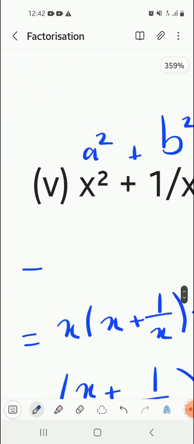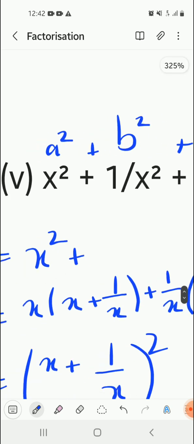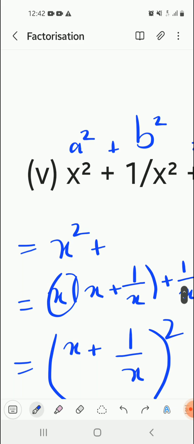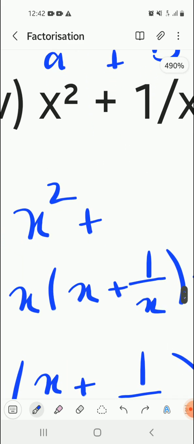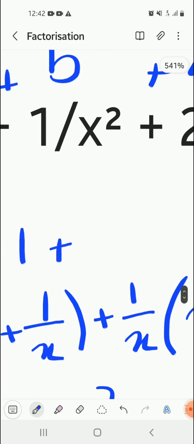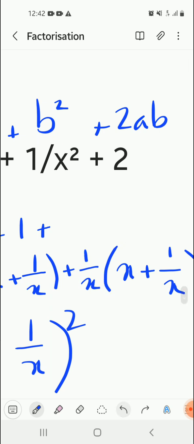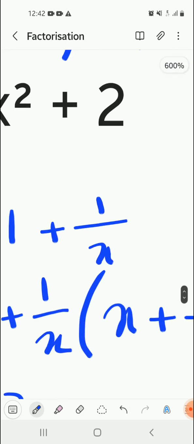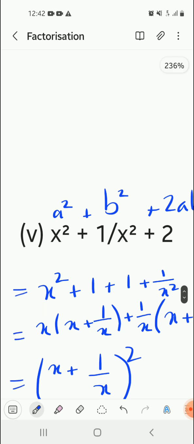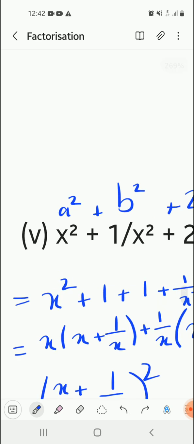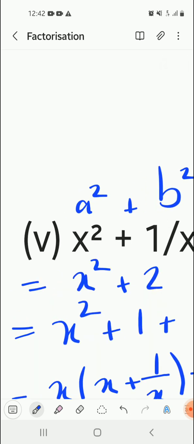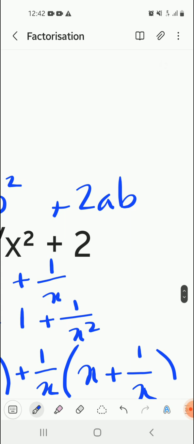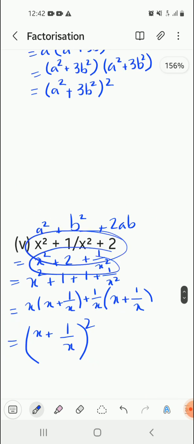If we calculate it, we get x square plus x into 1 by x is 1, plus 1 by x into x is again 1, plus 1 by x into 1 by x is 1 by x square. So you see, we have got the simple thing, 1 plus 1, just rearranged it. We are getting x square plus 2 plus 1 by x square. And it is the same thing given, only the position of plus 2 is changed.